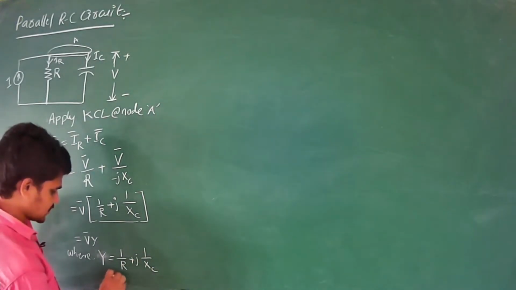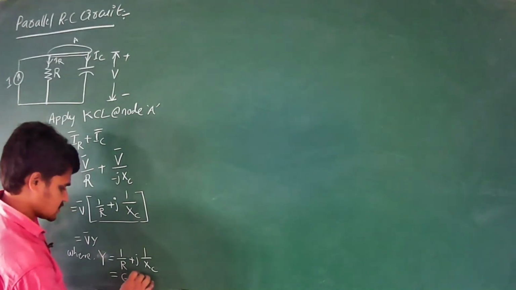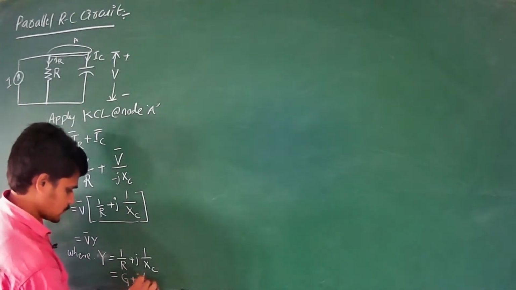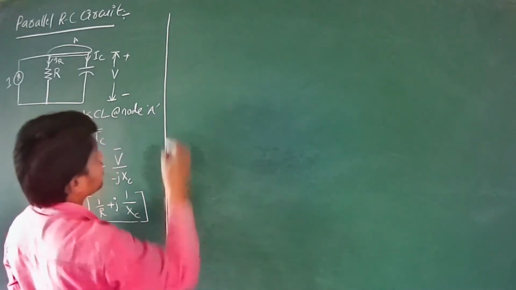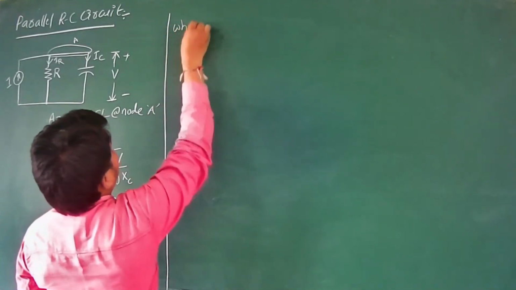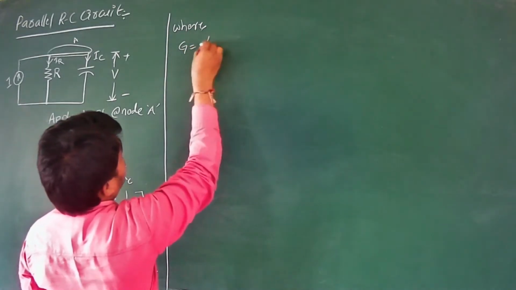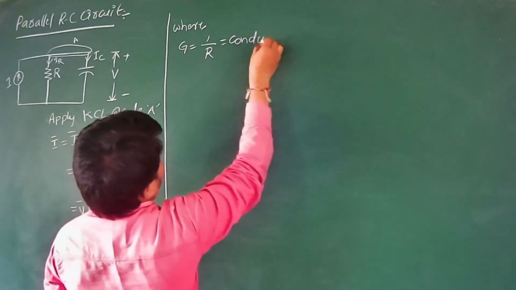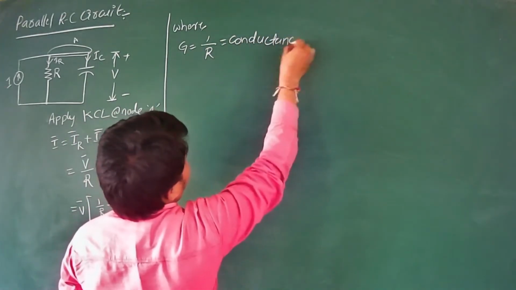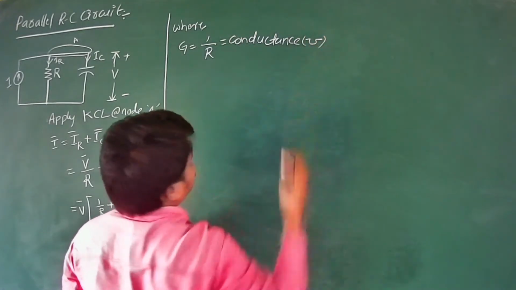This can be written as G plus jBC, where G equals 1 by R. It is nothing but our conductance, the reciprocal of resistance, measured in mhos.